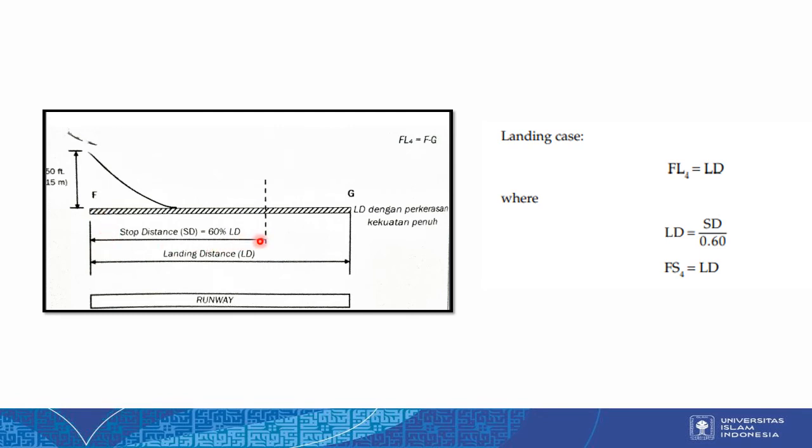The stop distance is the distance that accommodates the aircraft to stop, so the aircraft will stop here, assuming that the pilot will land with the threshold at 50 feet from the ground. And these are the equations for the landing cases.